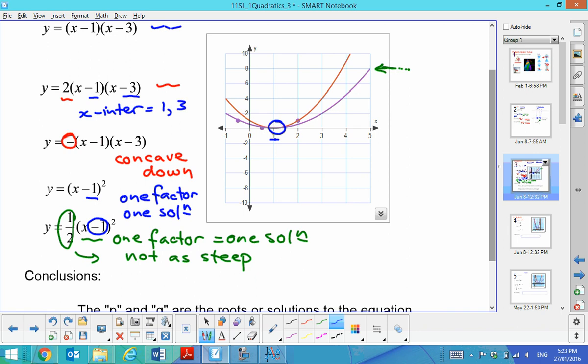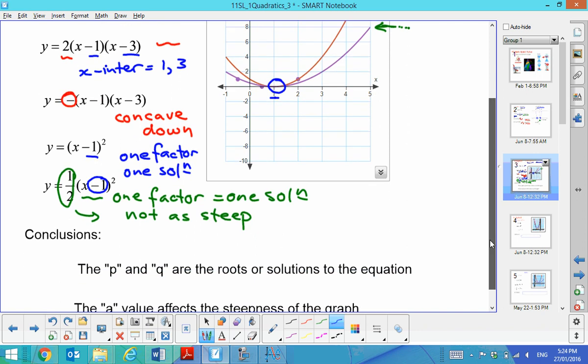So even though it's written as x -1 and x -3 in the factors, the actual solutions are at 1 and 3. So that's what you've got to be careful of when you're looking at an equation written in factored form. It needs to be written as a minus. If the x-intercept is at a +1, then you write it as x -1.